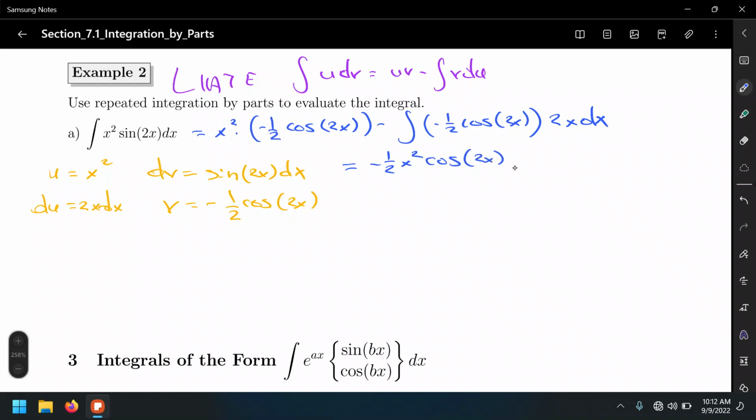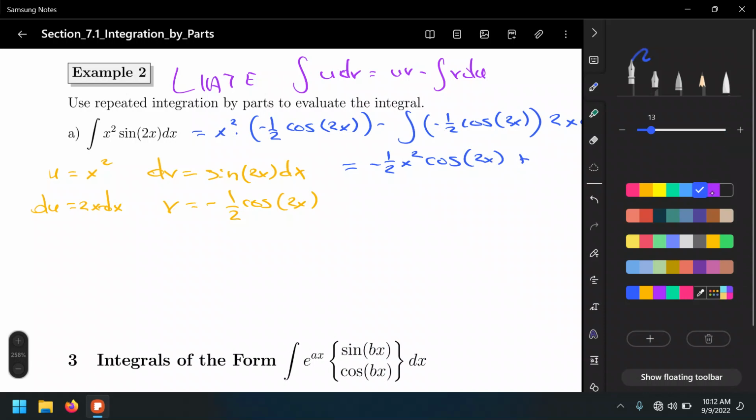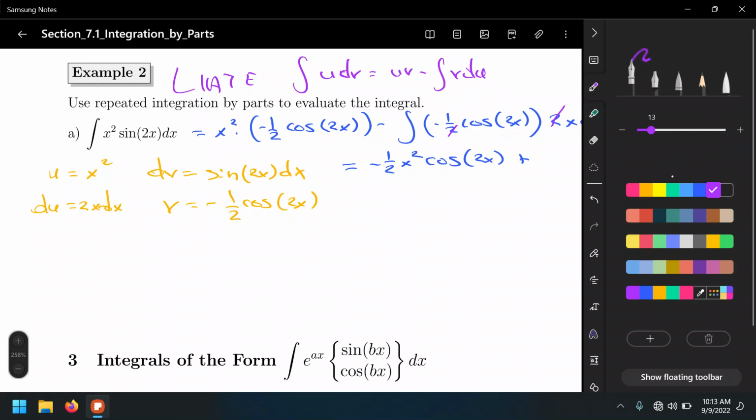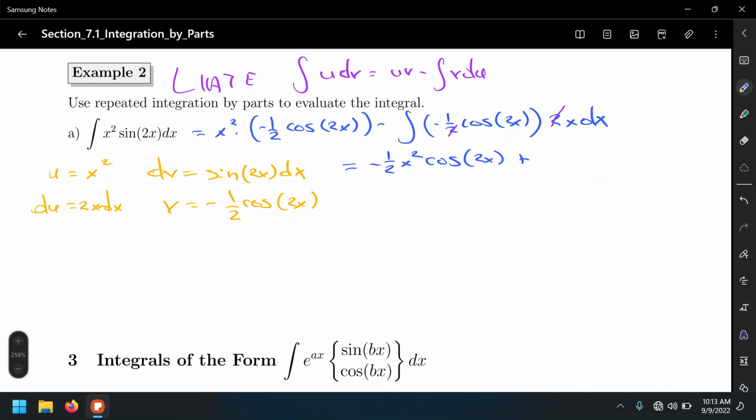And then minus minus becomes a plus, and also check this out. These two cancel with that 2 over there, because one is multiplying and the other one is dividing, and it's going to give us a simpler integral, well-ish. We will be left with this x that I'm going to write in the front, cosine 2x.